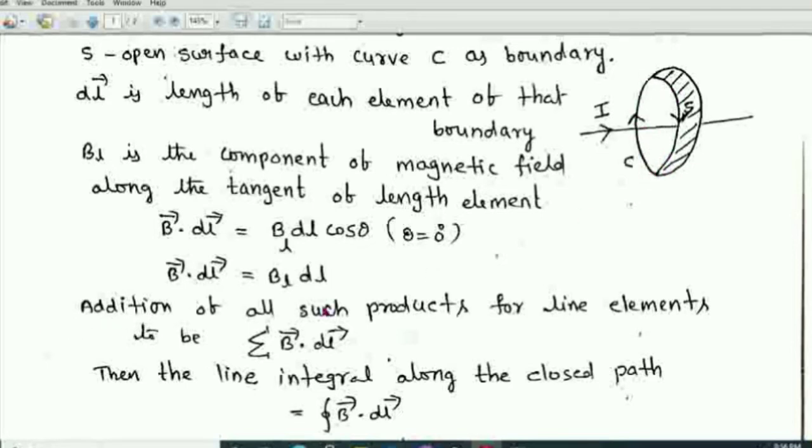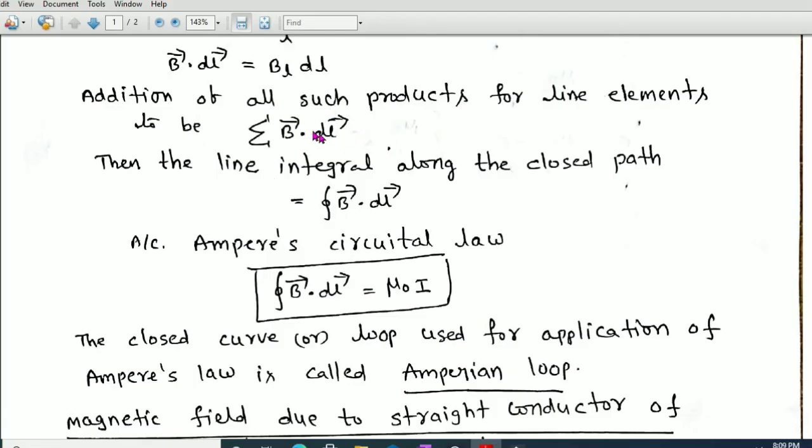Now the addition of all such products for the line elements is sigma B bar dot dl bar. If the length element dl is very small, the sigma can be replaced by an integral. Then sigma B bar dot dl bar can be taken as the closed integral of B bar dot dl bar.